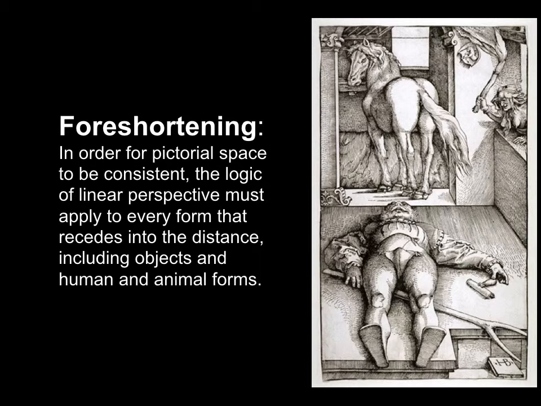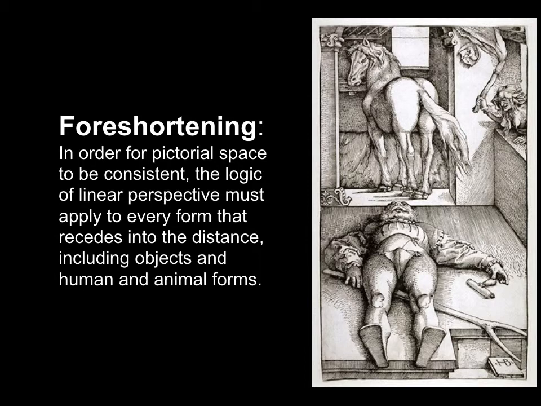Foreshortening is another version of creating the illusion of three-dimensional space. Foreshortening follows the rules of perspective, but it says that the logic of linear perspective must be applied to every form, not just the forms that are geometric, but all of those organic shapes, including human and animal forms.